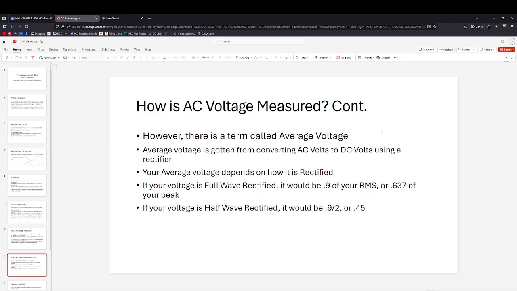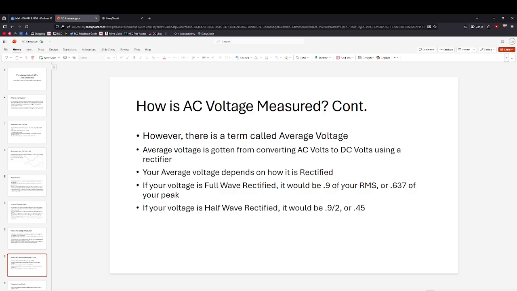The big thing though is don't get your RMS, which I'm calling your effective average, mixed up with your actual average voltage, because your average voltage is gotten from converting your AC volts to DC volts using a rectifier, which is what we were talking about earlier. And obviously the voltage depends on the rectification process. If it's half wave, you don't get all of it. If it's full wave, you get the full amount, just all positive.